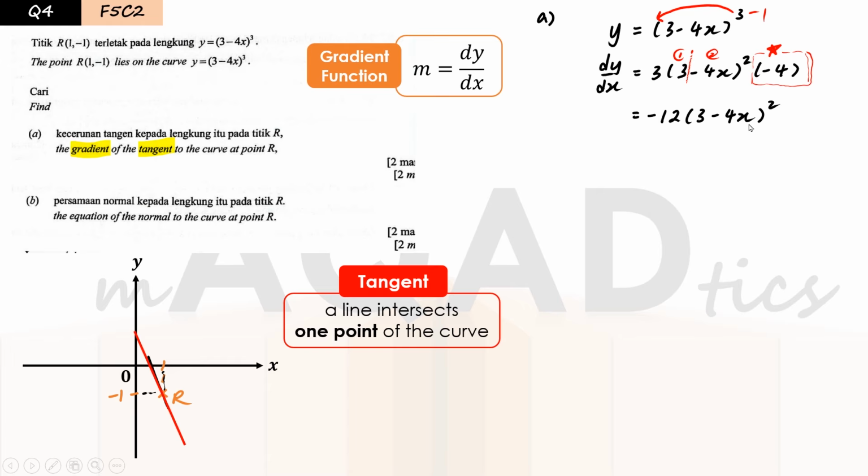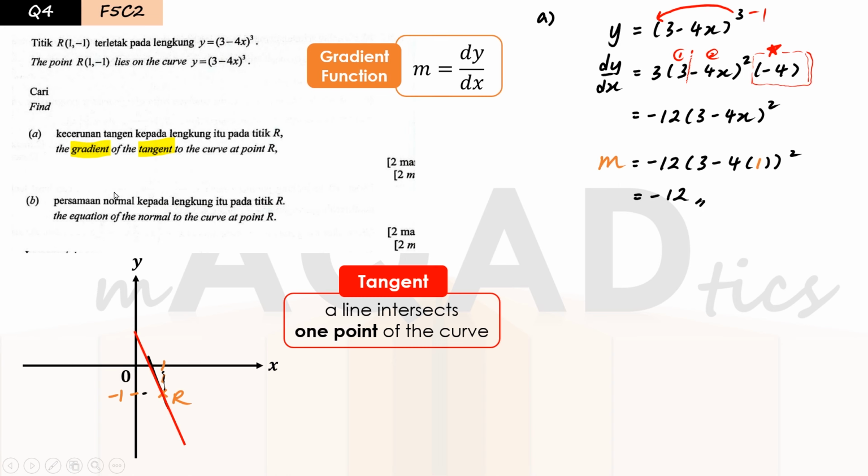For the value of x here, we can look at the gradient of which point we are looking at, which is point R. And point R has its own coordinates, which is 1 and minus 1. So for the x here, we can use the x coordinate of point R, which is 1. So to find the gradient, I'm just going to substitute x with 1, and we find the gradient is negative 12.